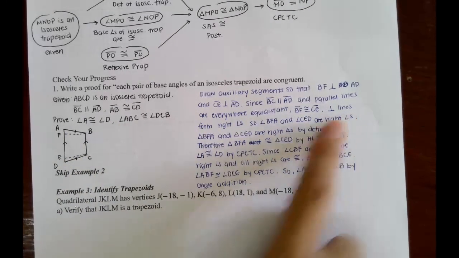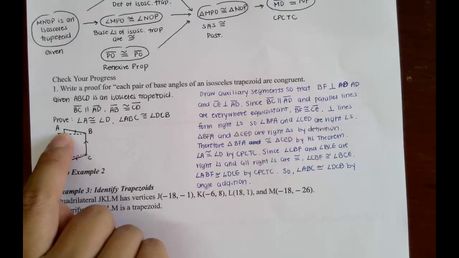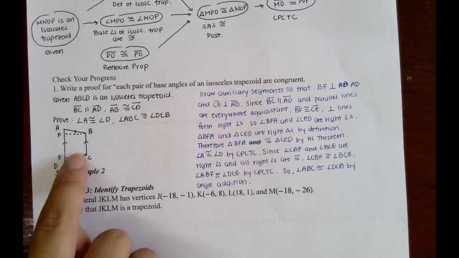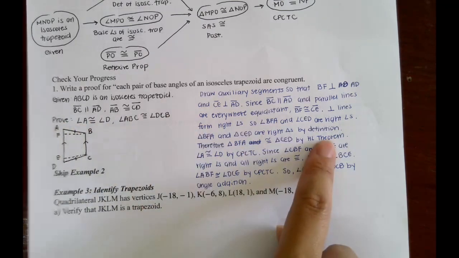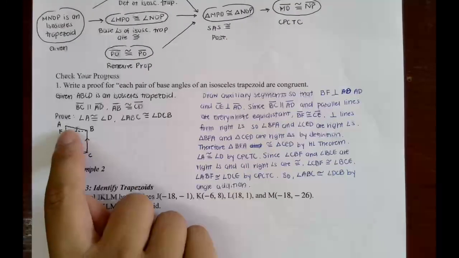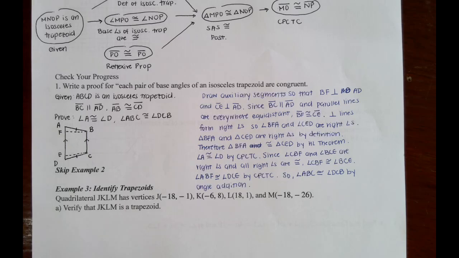We know perpendicular lines form right angles, so angle BFA and angle CED here are right angles. As a result, these are right triangles. That's the definition of a right triangle, that it has one right angle. So because of this right angle and this right angle, these are right triangles.